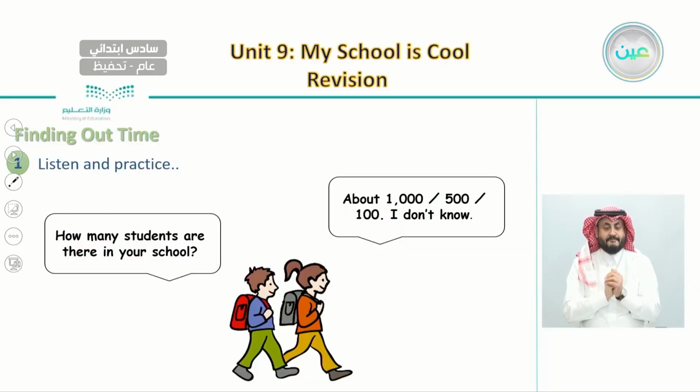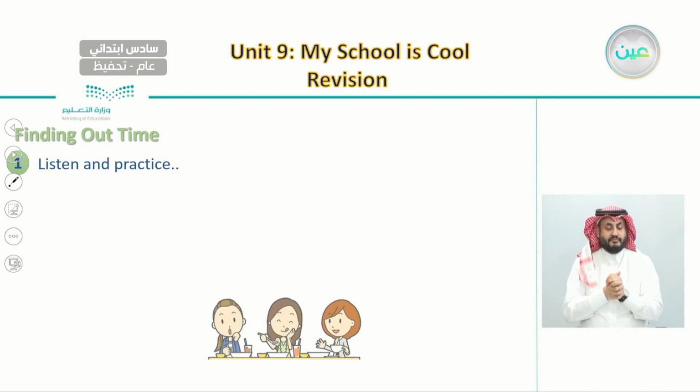Using about means that we're not giving the exact number, but a number that is close to the exact one. So it is important to have the number of students in mind.